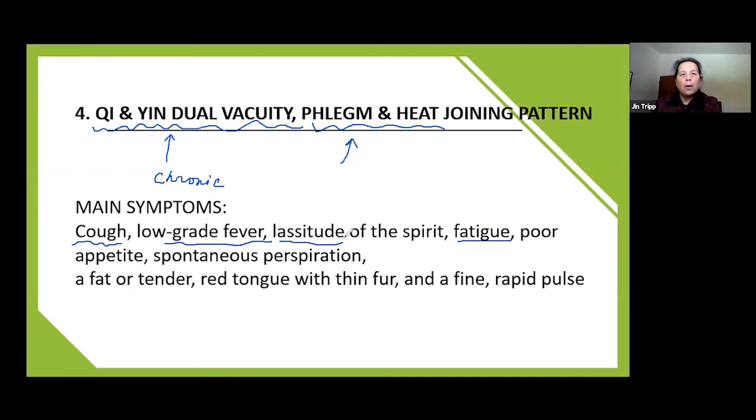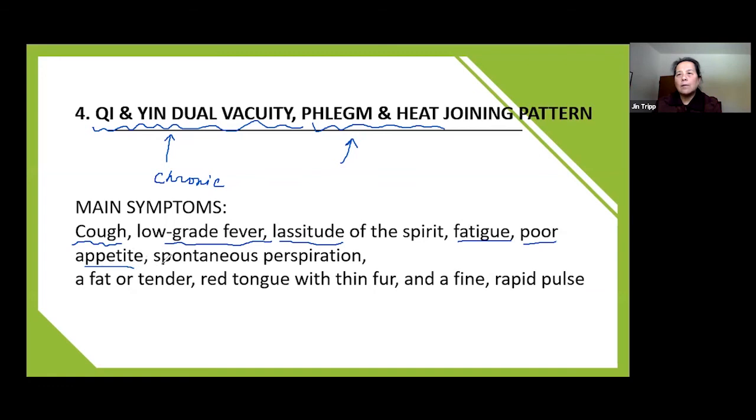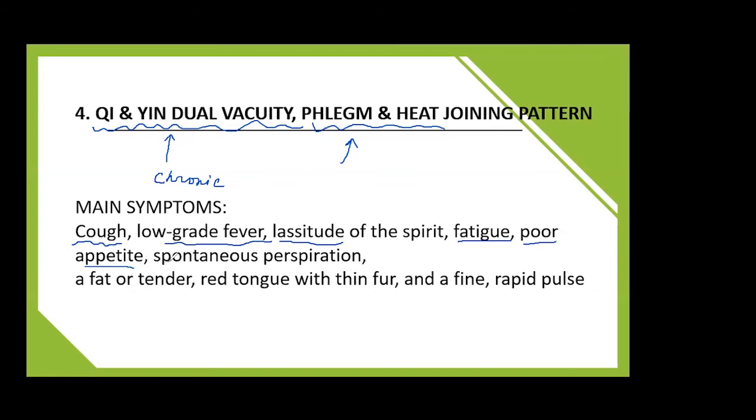And possibly have poor appetite, and maybe the patient doesn't want to speak, and maybe loose stool. That's mainly going to the qi deficiency side. Even spontaneous sweating still goes to the qi deficiency side.